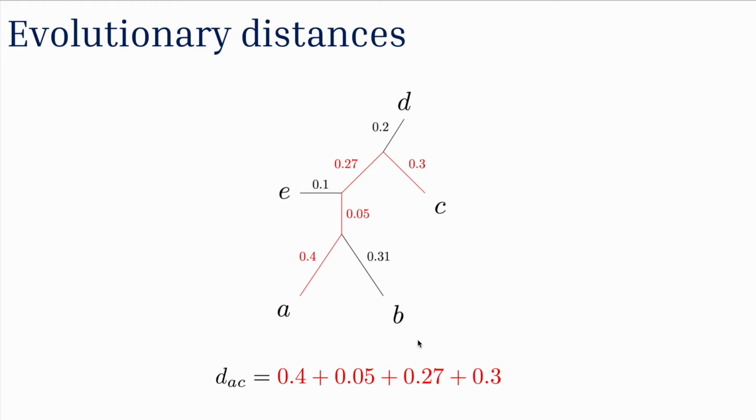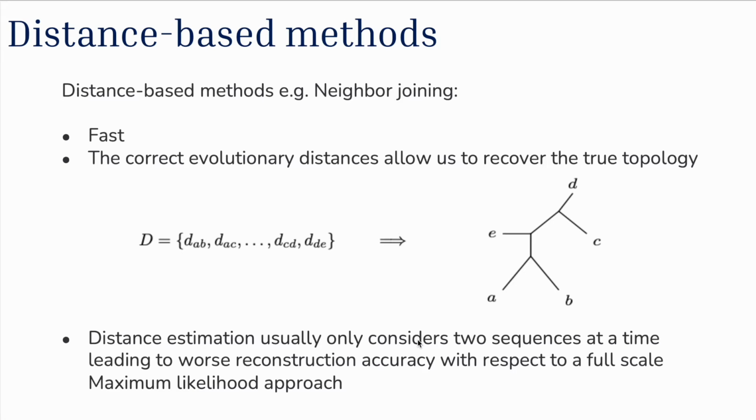This naturally defines a metric on the set of leaves, with the distance between two of them being given by the cumulative sum of the branch lengths on the path along the tree going from one leaf to the other. A distance-based method such as neighbor joining is fast and guaranteed to recover the true tree provided the correct distances in input. But how do we compute these distances?